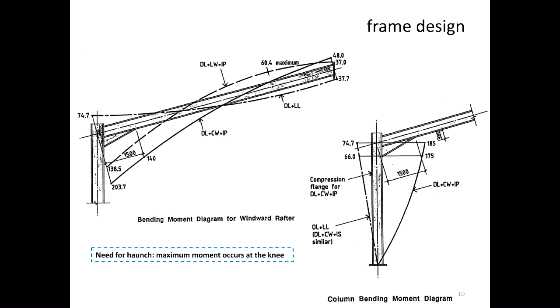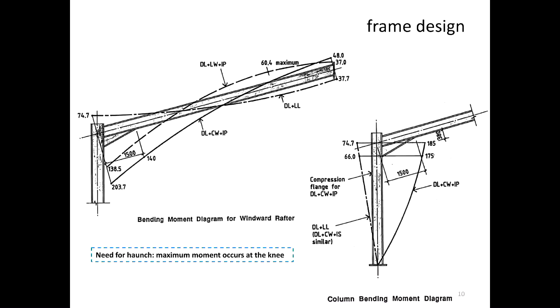Okay? And as well, so that's for the rafter. And as well, when you look at the column, for the same wind, you'll see that that wind there, DLCW plus IP, same as that, gives the highest bending at that knee connection, where the column intersects with the rafter. So what that means, it tells you that that point is the critical point on the structure.